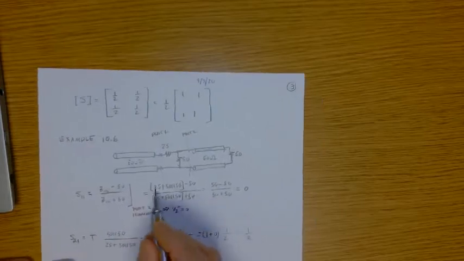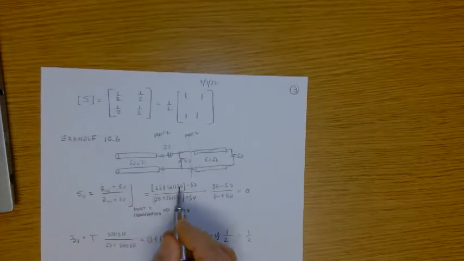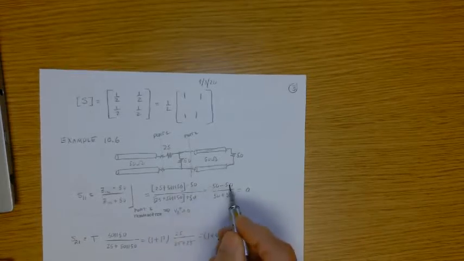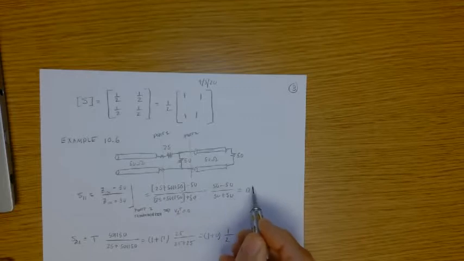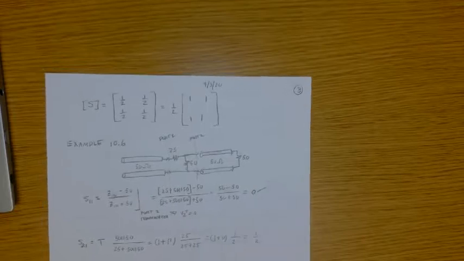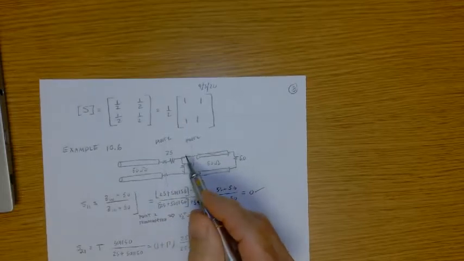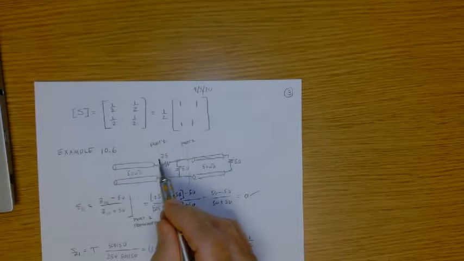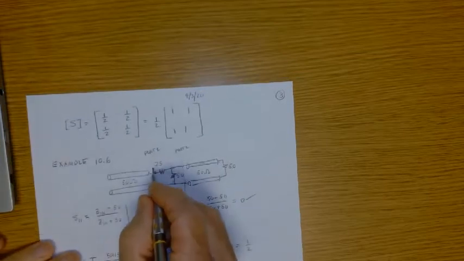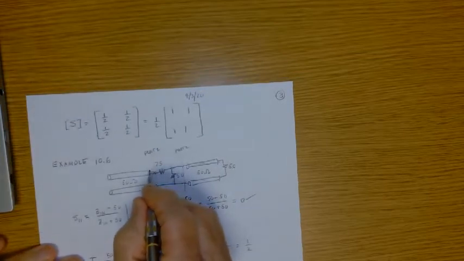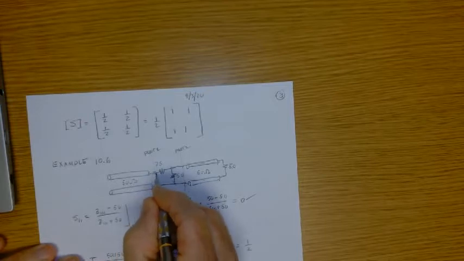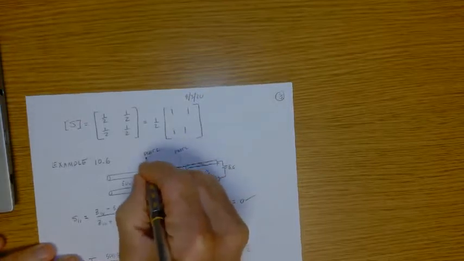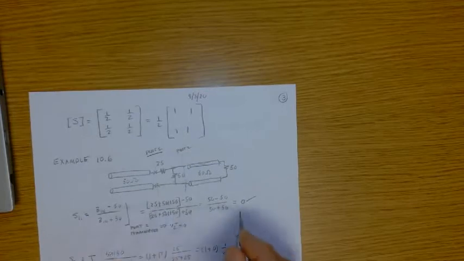So 50 in parallel with 50 is obviously 25. 25 and 25 is 50. So it's 50 minus 50 over 50 plus 50, which is 0, right? So in this case, because of the conditions of the circuit, there is no reflection of the incident wave at port 1, right? Because S11 is 0. Okay.